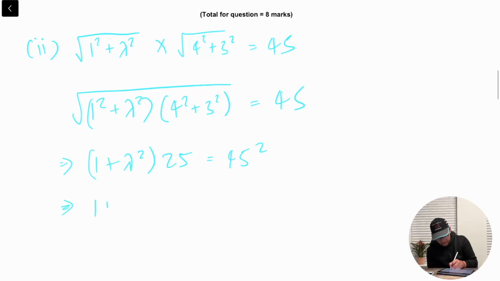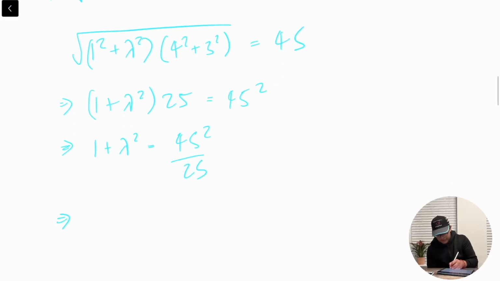Cool. So 1 plus lambda squared equals 45 squared over 25. Which means that lambda squared plus 1 equals, let me do that on my calculator.